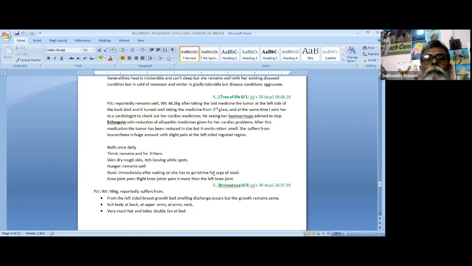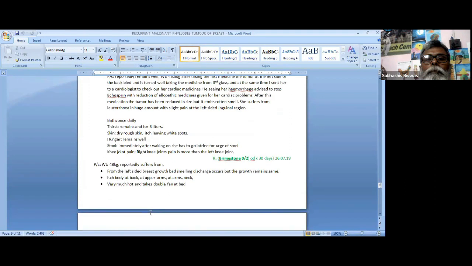Again, see, I started giving her Lachesis, but as when we watch an onion clearly, we see one layer after another being removed when we try to peel it. See, Lachesis, then Pulsatilla, then Brimstone, then Tree of Life, then again Brimstone. One after another, the case is presenting itself.